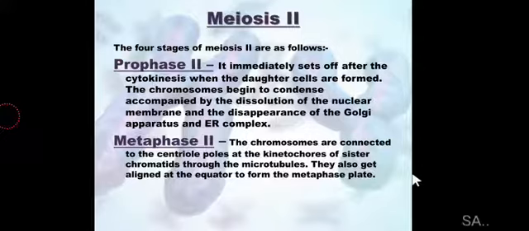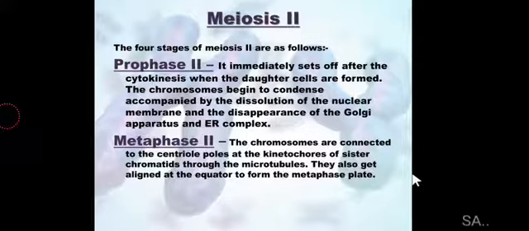Like one parent cell is dividing itself into four daughter cells. This is happening in a way that the diploid parent cell is producing four haploid daughter cells. And haploid means half of the number of chromosomes as compared to the parent cell. Like if, for example, the parent cell is having 46 chromosomes, then they are reduced to 23 in each daughter cell at the end of the meiosis.